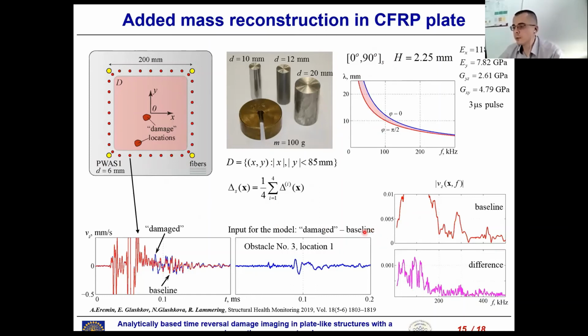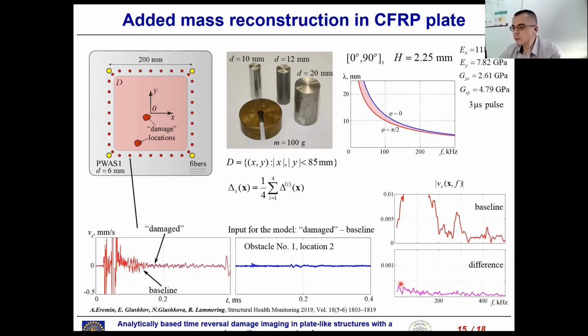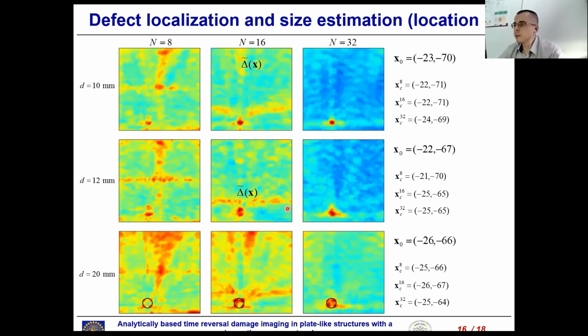And again, we have a pretty strong loss of amplitude if we consider the pristine or baseline and damaged scenarios. So the input for the model is pretty low amplitude, and this could even be very, very tiny. Nevertheless, regardless of such tiny amplitude of the input signal, we can nicely reconstruct the location as well as the size of damage, but in contrast to the case of aluminium, we had to use substantially more re-emission points to achieve the same resolution.